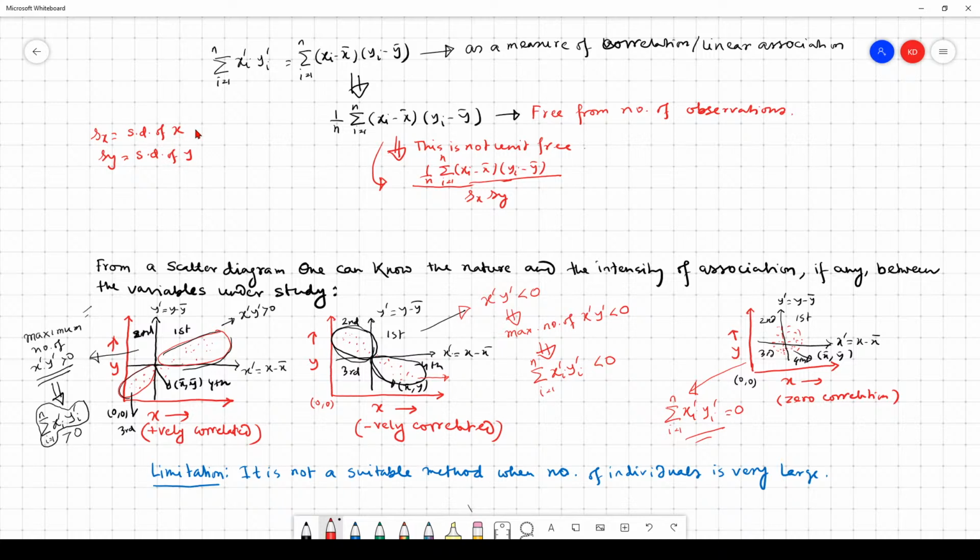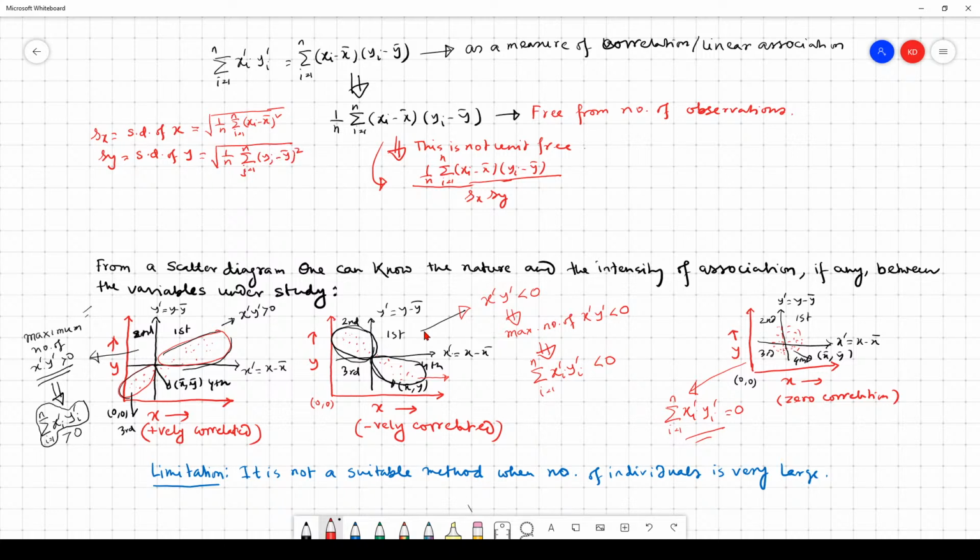So this is nothing but the root over 1 by n sum over xi minus x bar whole square, i from 1 to n. And SY is equal to the root over 1 by n sum over j from 1 to n, the dummy variable, yj minus y bar whole square.